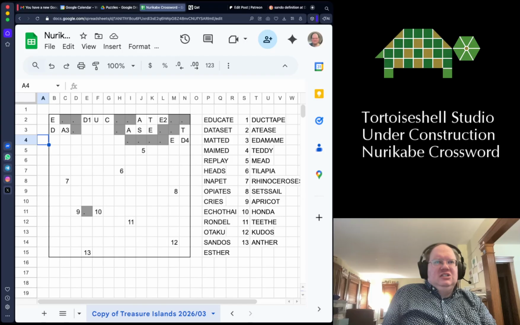Matted. So the MA is from edamame. The first T is from duct tape. The second T is from tilapia. So tilapia is 6.